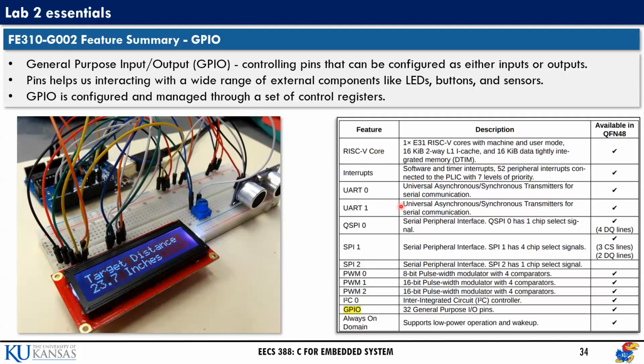Why do we need these input output pins? We can control them using our CPU, and those pins can help us interact with a wide range of external components like LEDs, buttons, sensors, etc.